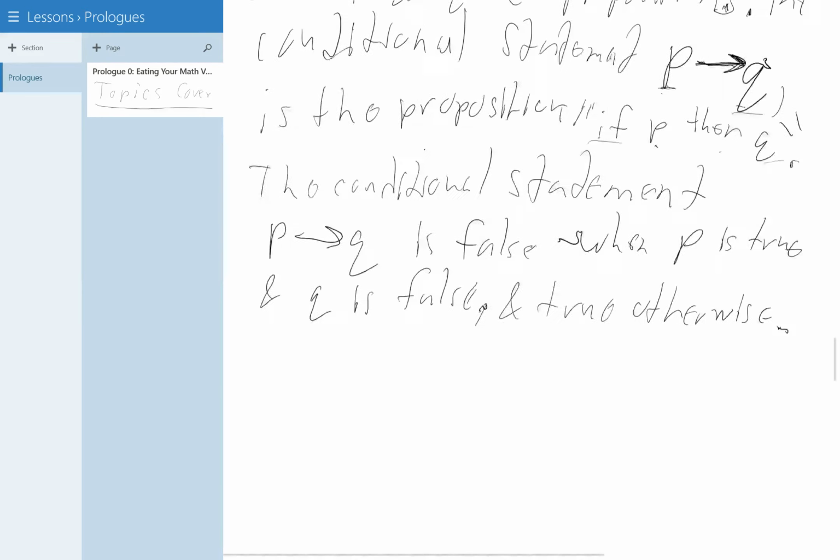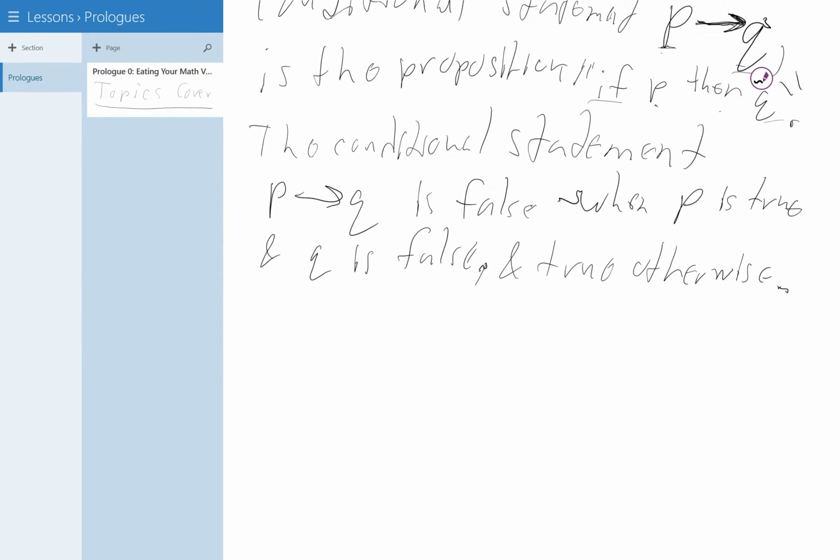Alright, so actually a good exercise right now would be for you to come up with the truth table for this, right? Because this is an operator that takes in propositional variables and outputs a proposition. It takes in propositions and it outputs a proposition. So, therefore, you can construct a truth table on it. Okay? But before I let you do that, what we usually say when we have something like P implies Q, and we probably got this from science, we call P the hypothesis, and Q the conclusion.